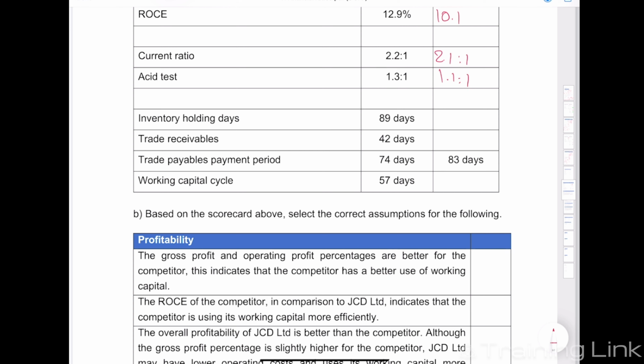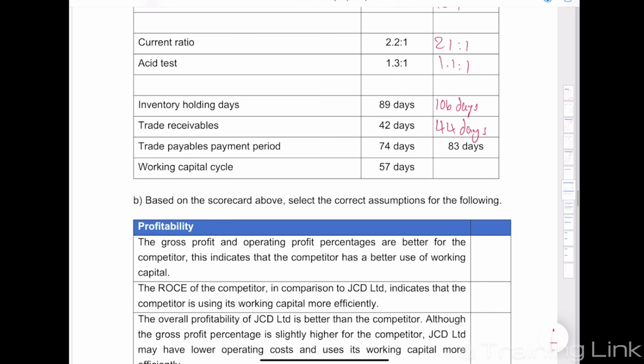We have inventory holding days of 106 days. Trade receivable days of 44. And then remember to calculate your working capital cycle. It would be the inventory holding days plus trade receivables less trade payables payment period, giving us 67 days.